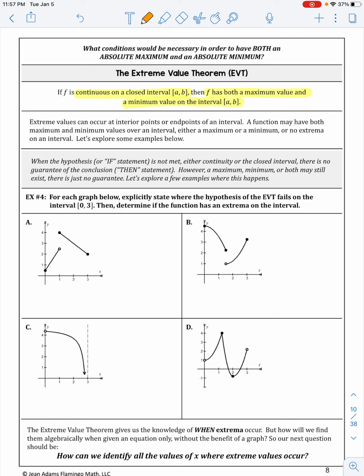So the first thing that we have to look at is, is it continuous on the closed interval 0, 3? Well, I'm looking from 0 to 3, and I see I have a jump discontinuity at x equals 1.